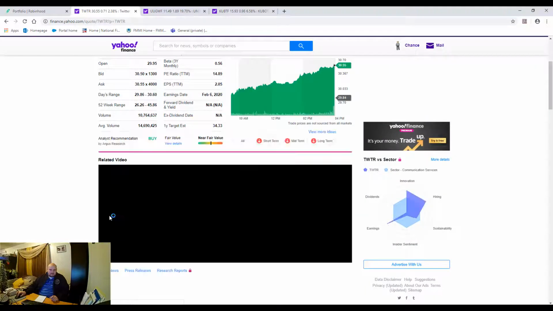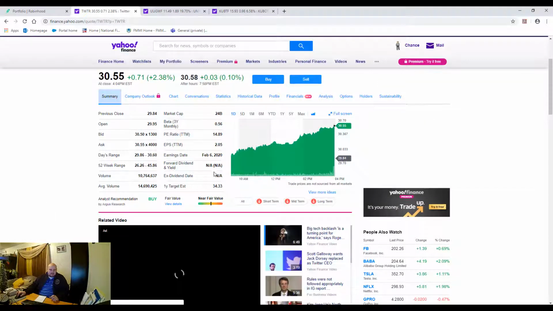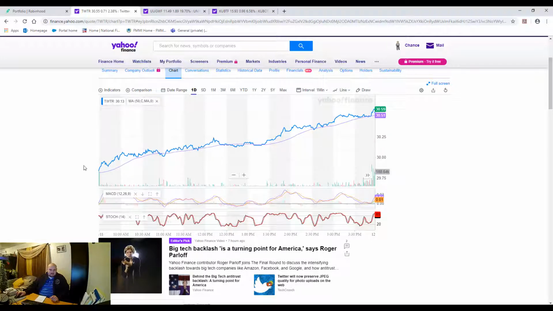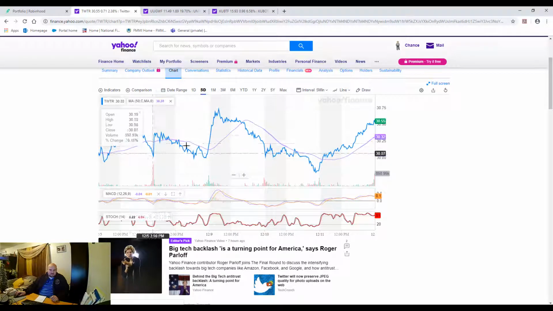And let's take a look at the chart. They've been climbing for the entire day, and they crossed up and down around the average. In the 5-day, it had a climb, then a drop, and then another climb based on the average.